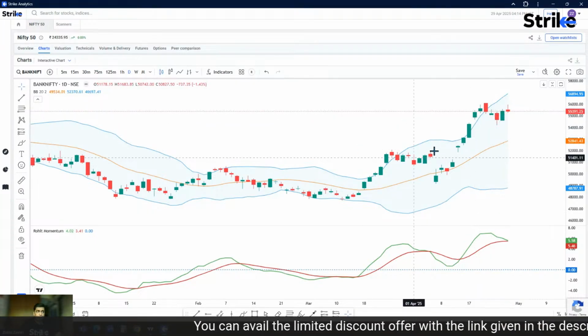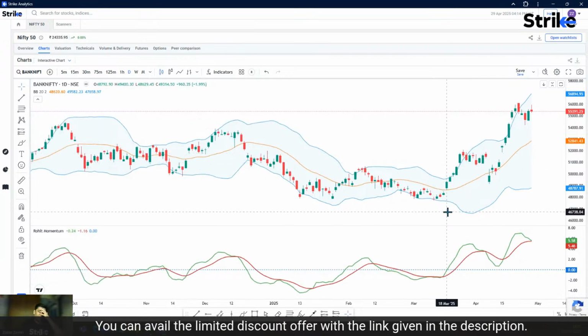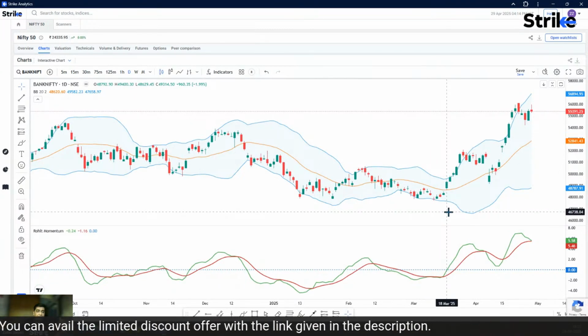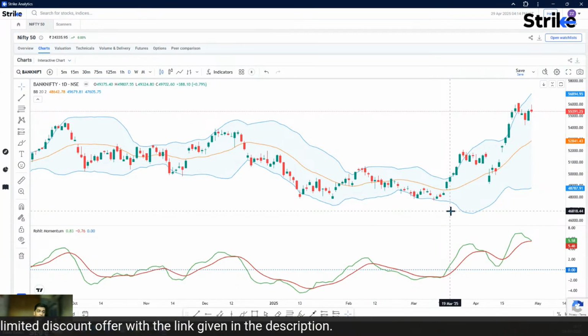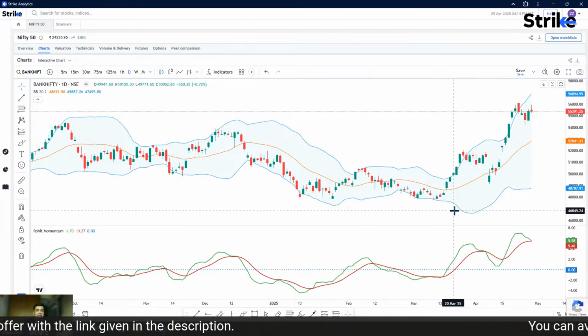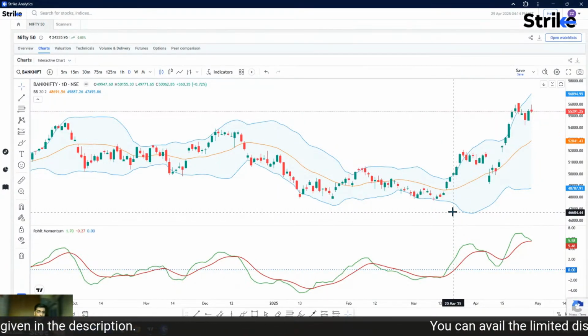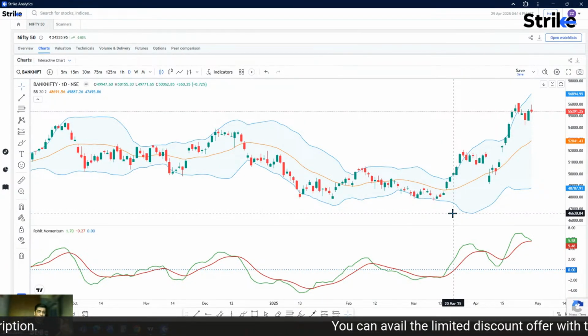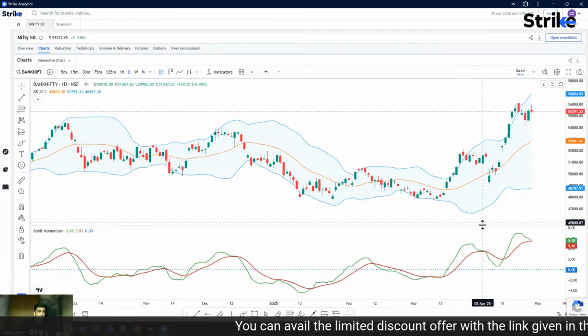Always from the bottom, Bank Nifty will react first. It will remain strong, it will outperform Nifty, and whenever Bank Nifty is outperforming Nifty, there will be bullishness in the market.